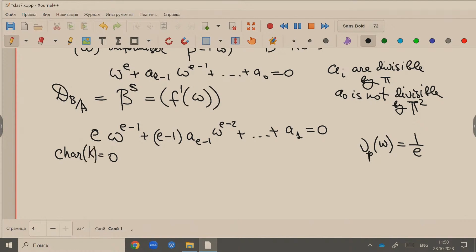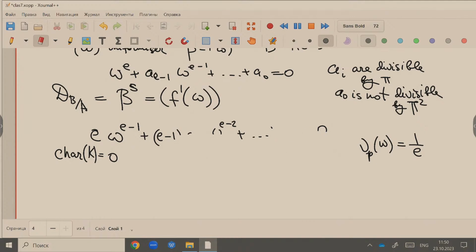Then it seems we can neglect all the coefficients a_i. Sorry, we cannot neglect them.